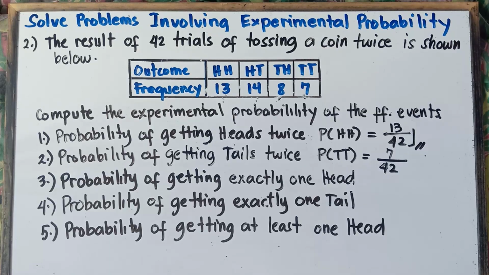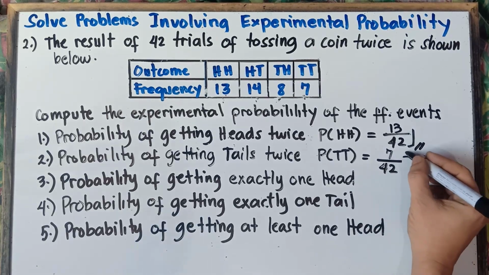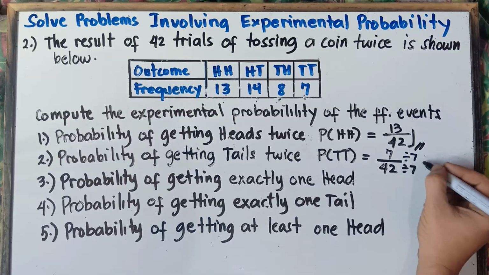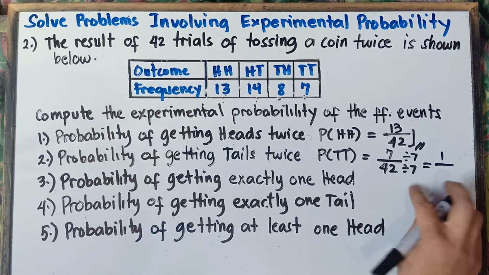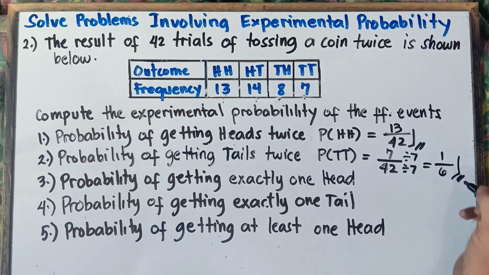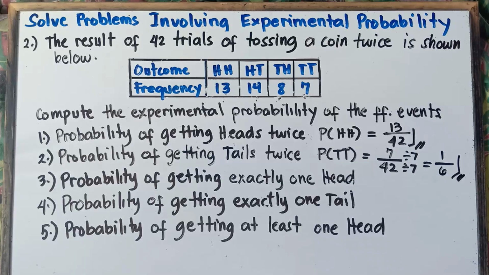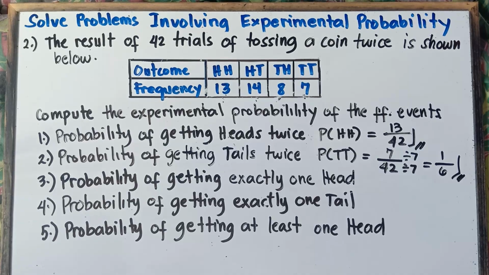Yup, we can divide this by 7. 7 divided by 7 is 1, and 42 divided by 7 is 6. Therefore, the answer for example number 2 is 1 over 6. Once again, class, if you can reduce the fraction, you always reduce it to its lowest term. That's the answer with regards to example number 2.